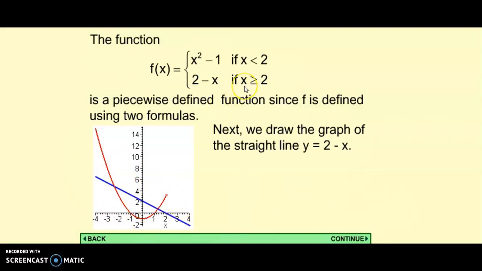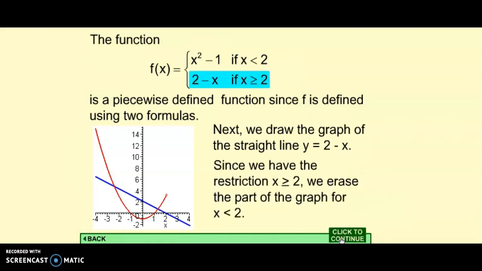The condition of x, that we can only take the values of x as greater than or equal to 2. So for that, we erase the part of graph for x less than 2. So we will be left with only this much part of the graph. So this is the graph of function f of x, which is a compound or a piecewise defined function.